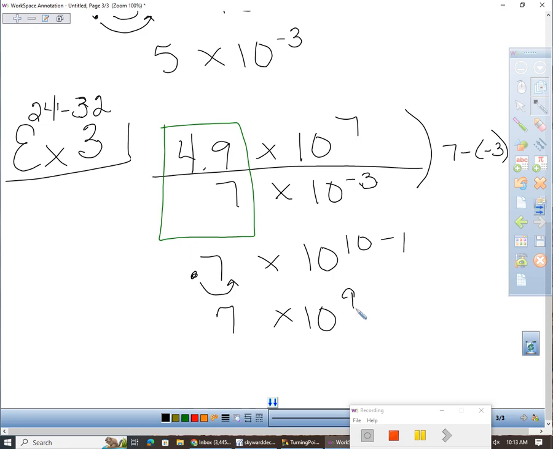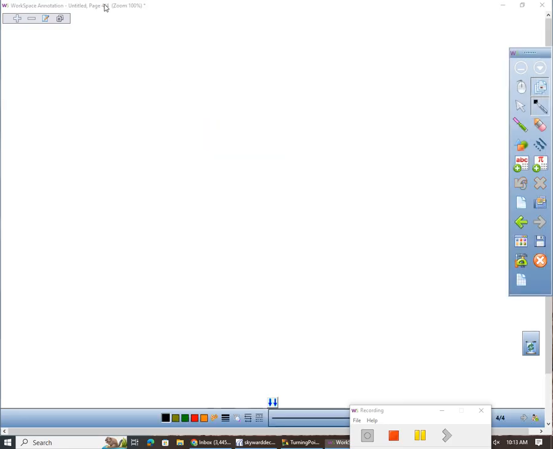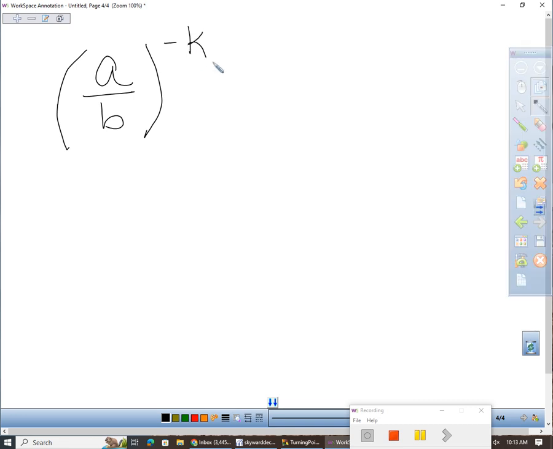Questions on scientific notation? No questions? Okay. Now let's talk about our last rule today. Our last rule has to do with a fraction with a negative exponent on the outside.